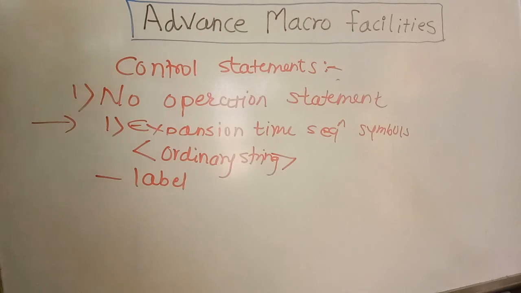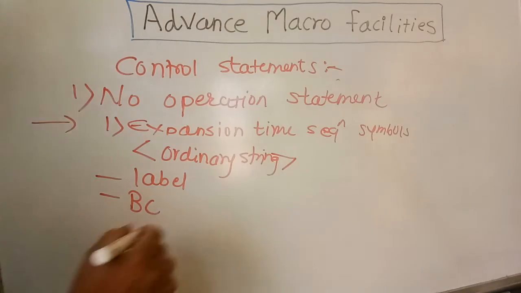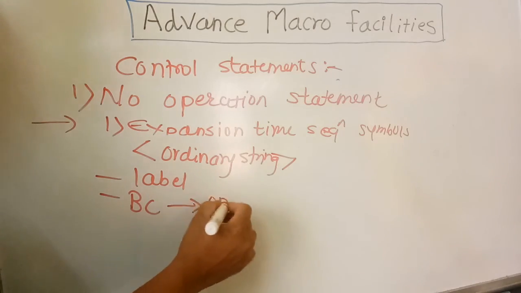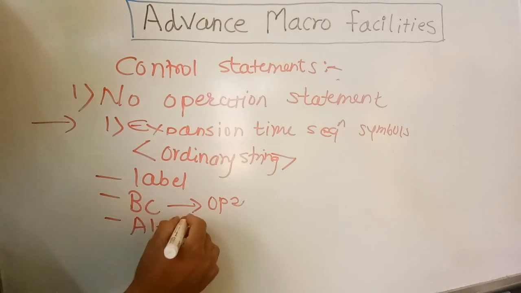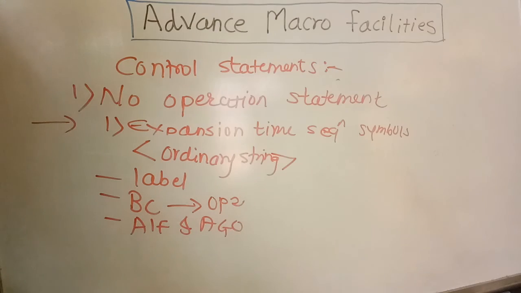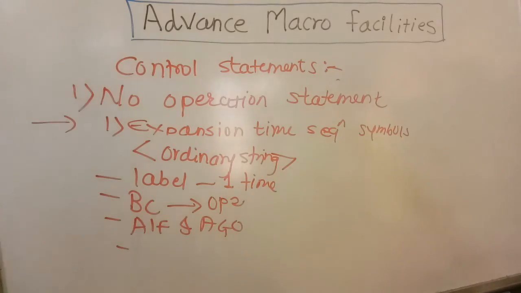It is used in operand 2 of a BC statement. We all know that BC is the branching condition statement. It is used with AIF and AGO statements to designate the destination of an expansion time control transfer. It should be defined only once in the label field; more than one appearance is not allowed.